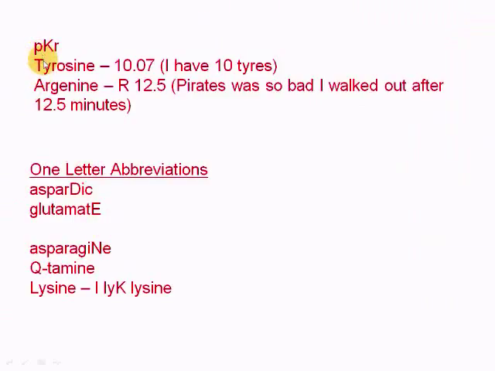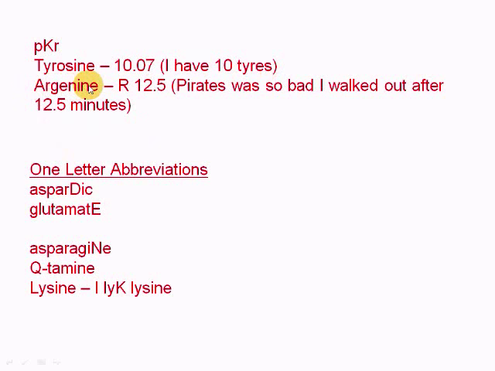Alright, so pKr, just a couple mnemonics. Tyrosine looks like tire, and so it's 10.07, so think I have 10 tires, and that's misspelled, of course, but it's just to help you remember tyrosine. That's actually how you spell tire in England.